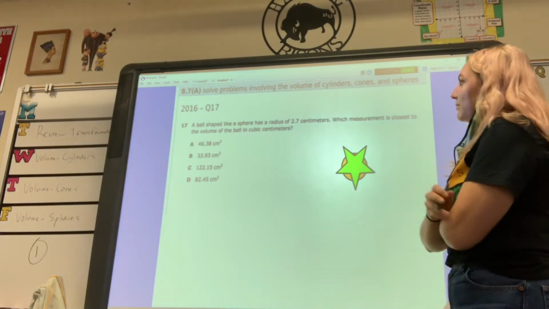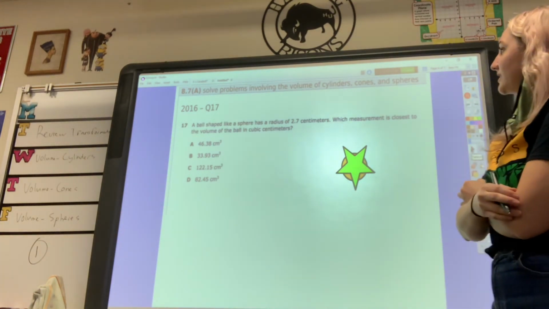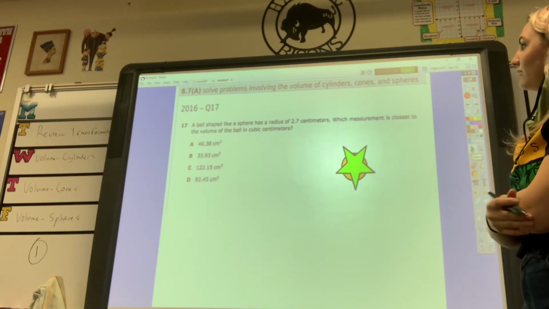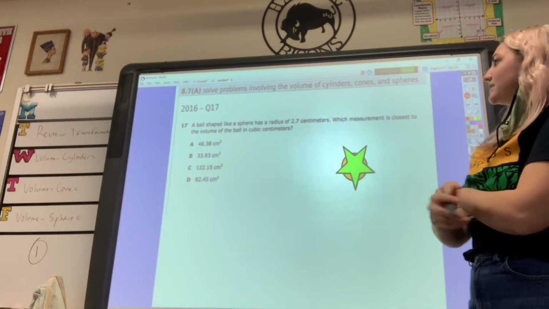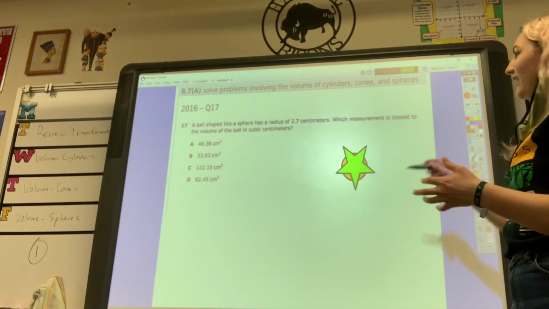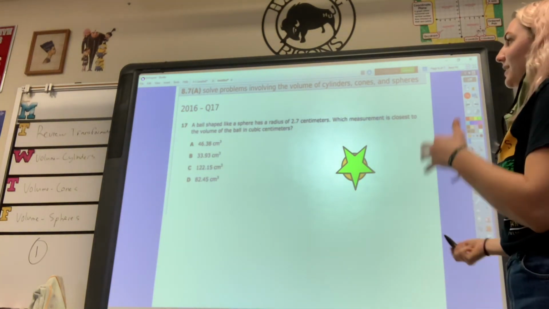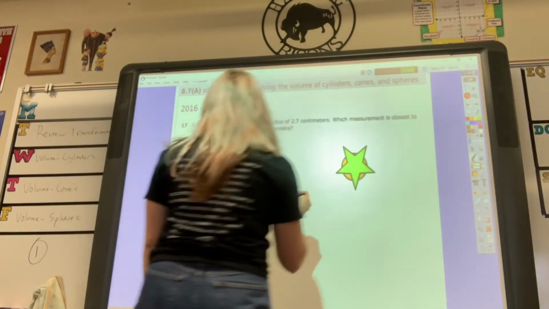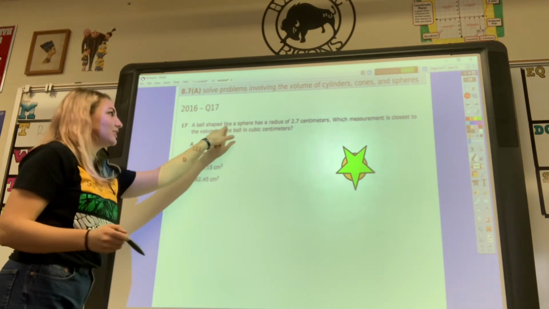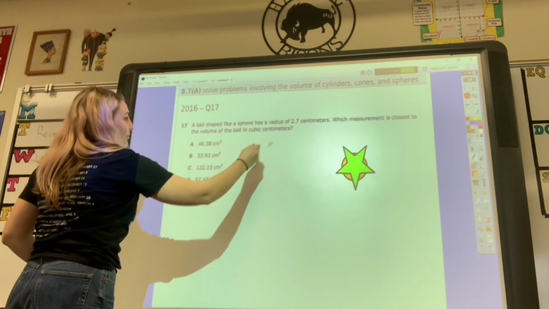It says a ball shaped like a sphere has a radius of 2.7 centimeters. Which measurement is closest to the volume of the ball in cubic centimeters? The thing that could be a little tricky about this one is the fact that there's no picture. But because you have big brains, we know that a ball, and it even tells you that it's shaped like a sphere.